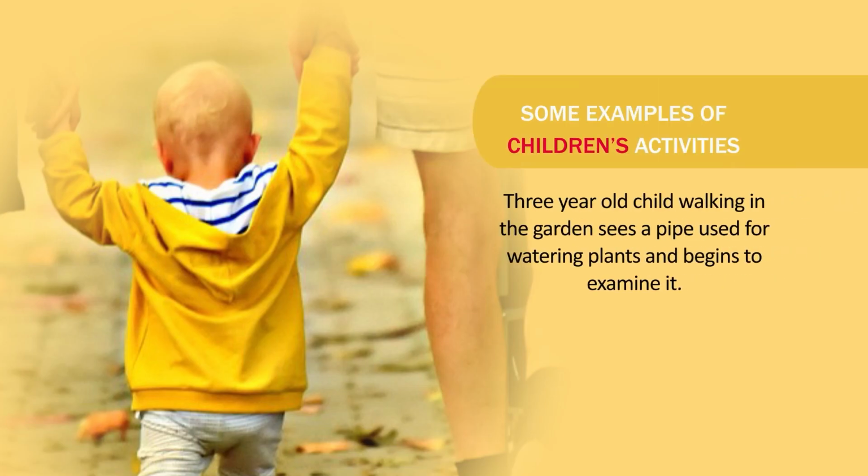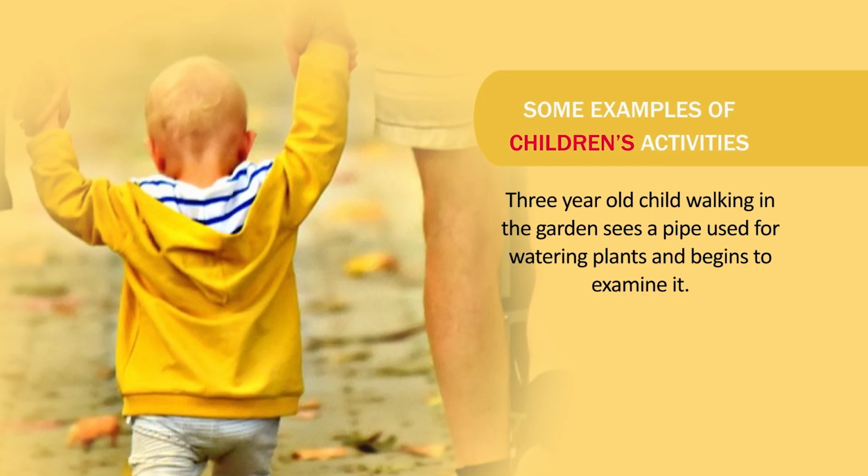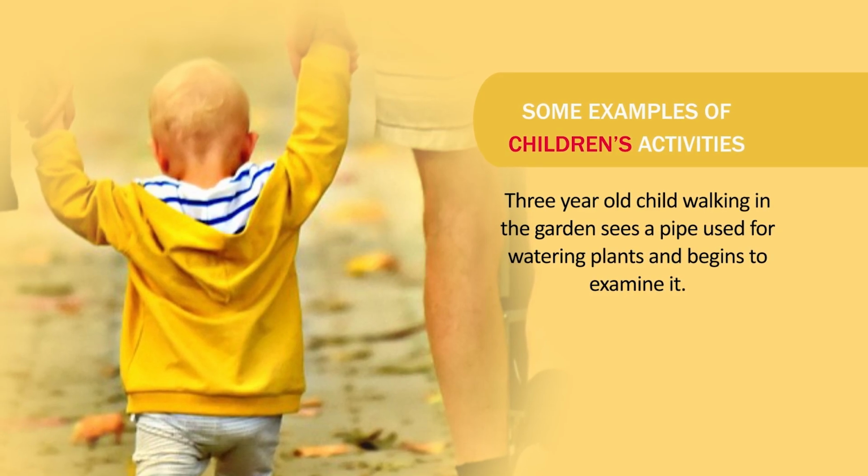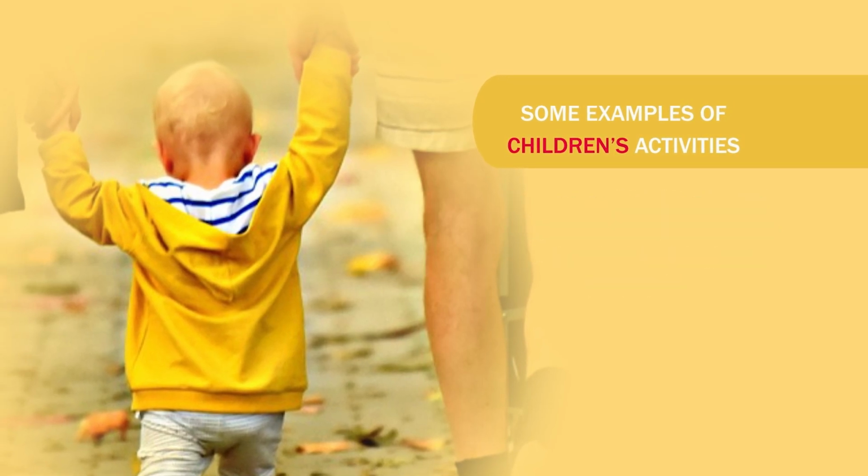We will look at some examples of children's activities and try to identify features on the basis of which we can say that a particular activity is play. A 3-year-old child who is walking in the garden suddenly sees a pipe which is used for watering plants and begins to examine it.